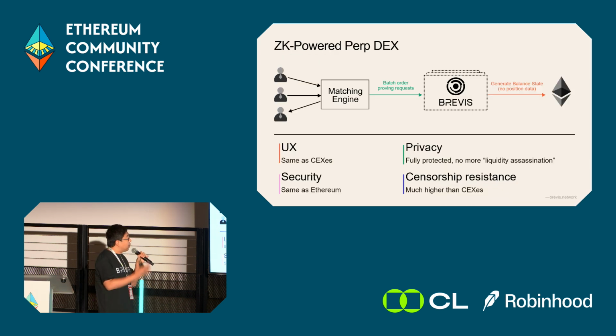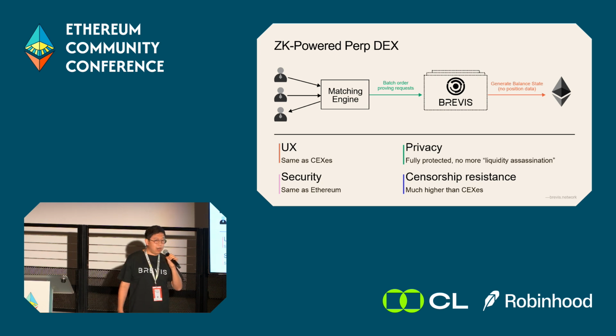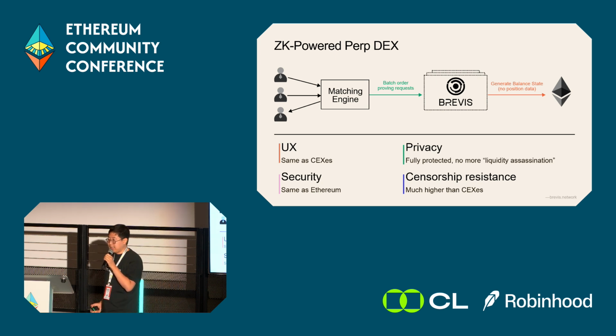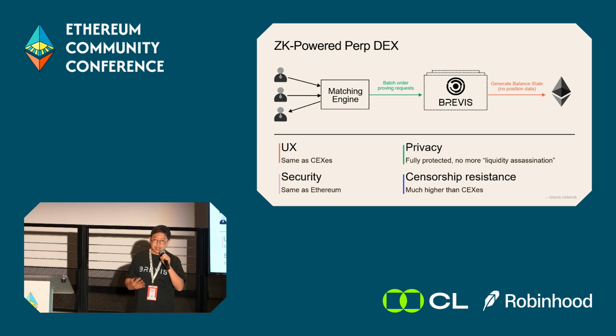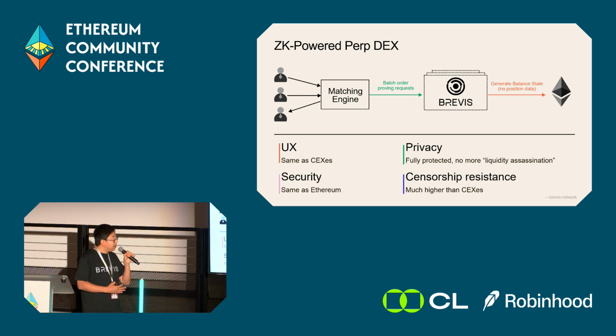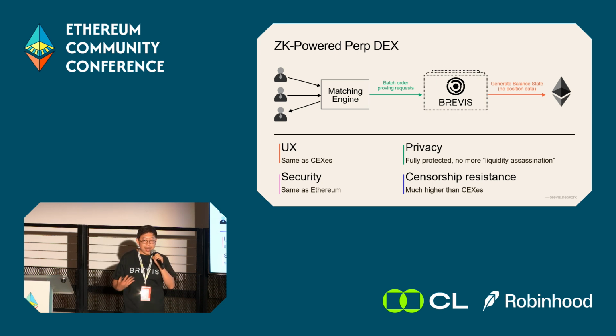So, we also recently are working with a major perpetual DEX to turn them into a zk-powered perp DEX. That is, you have a matching engine that just feels like a Web2 perpetual swap exchange, but behind the matching engine, you now have Brevis running as a proving engine to generate zk proof of the computation result, of the matching result.